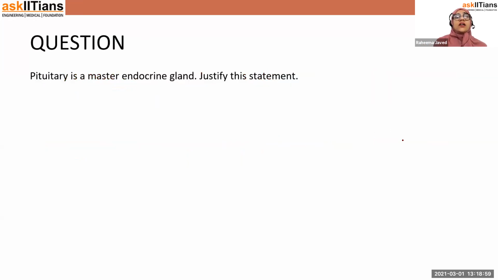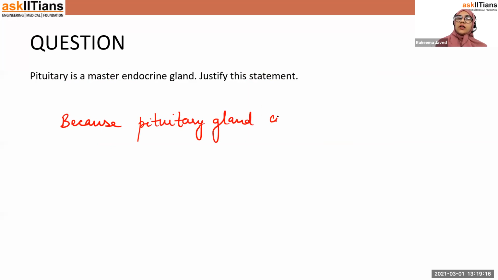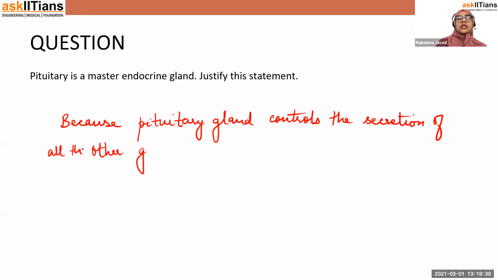With this, we are going to continue with the questions. Pituitary is a master endocrine gland. Justify this statement. Because the pituitary gland controls the secretion of all the other glands.